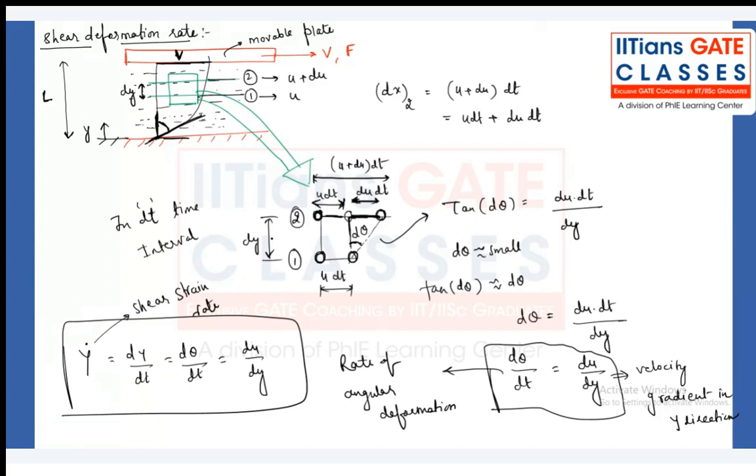That means that much of angle it is getting tilted. With that much of angle, it is getting angularly deformed. Are you getting my point or not? Tell me, guys. Yes or no?